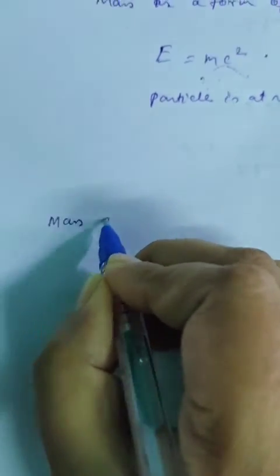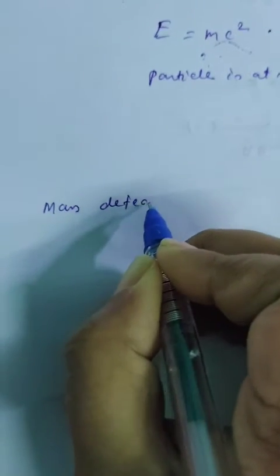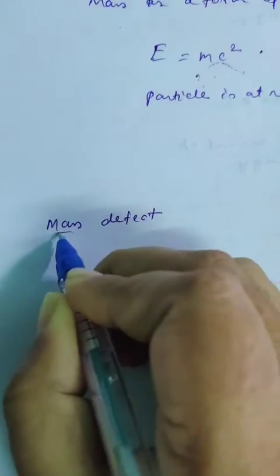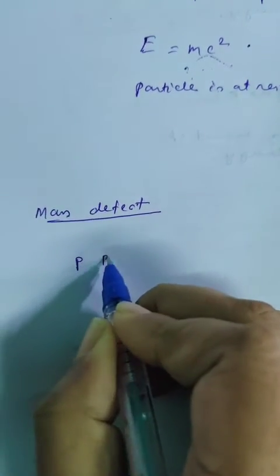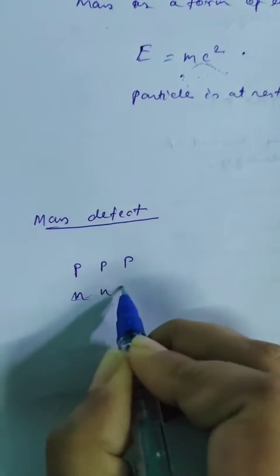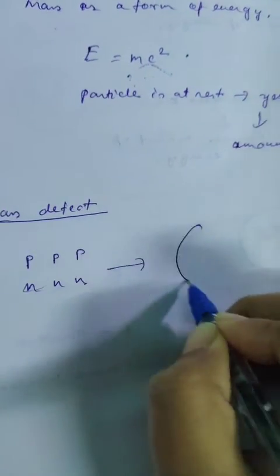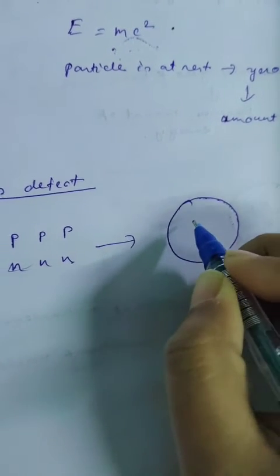So next we will study what we mean by the mass defect. If I consider 3 protons and 3 neutrons together, they form a nucleus.